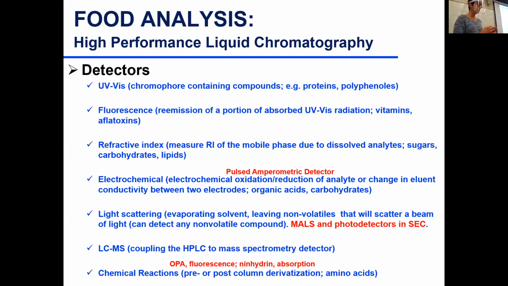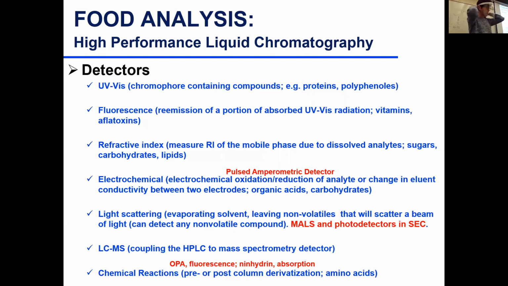And sometimes the emission is more sensitive than the absorption. So sometimes your compounds absorb light, but you don't see a high or sensitive peak, but when they emit, the response is greater. So sometimes we need to measure fluorescence rather than absorption.